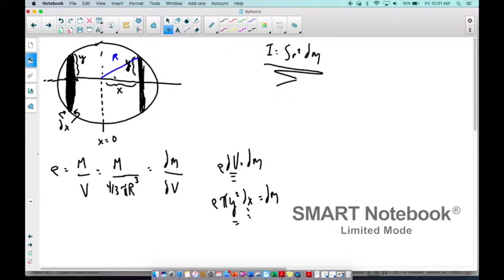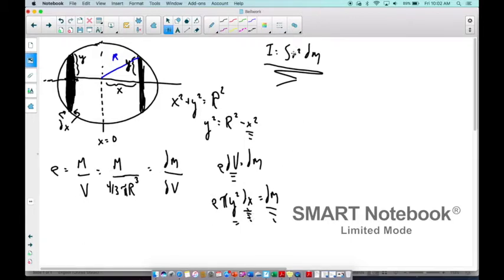I can make an expression for this right triangle: x squared plus y squared equals big R squared. And then I can put y in terms of x. Therefore, y squared equals R squared minus x squared. I could plug that in for this y squared, and that would put dm in terms of one variable, integrating with respect to that variable, right?